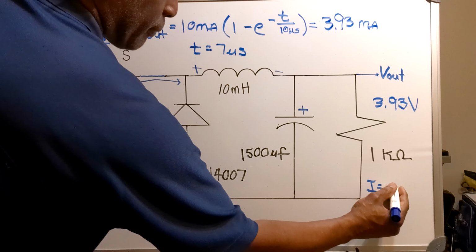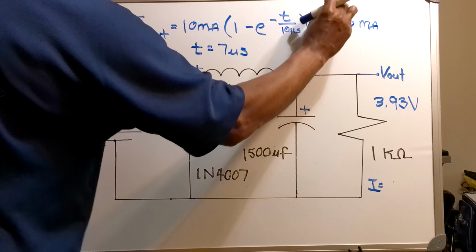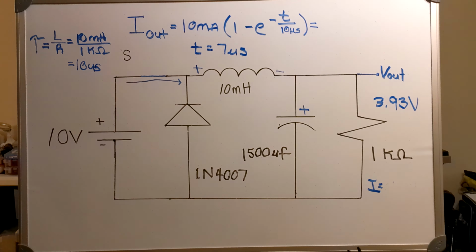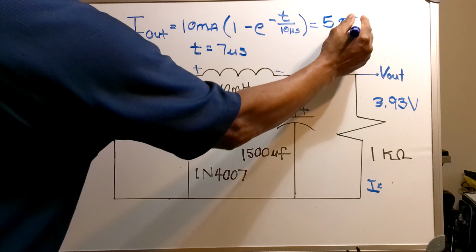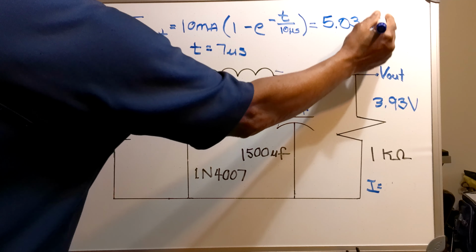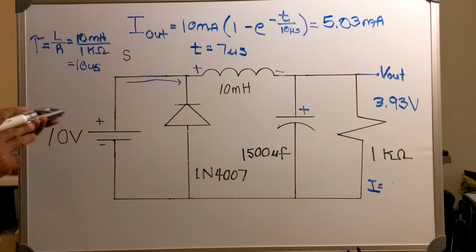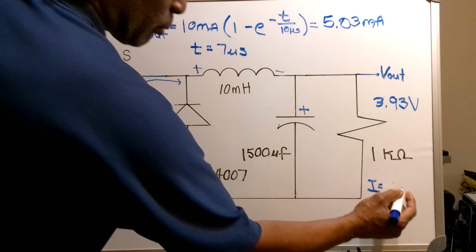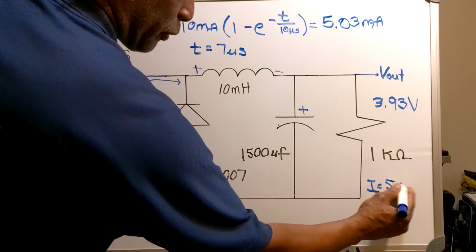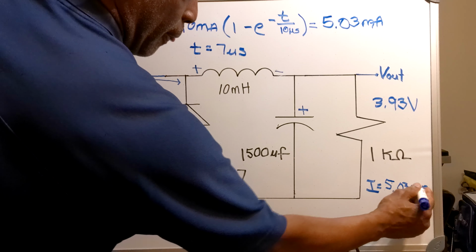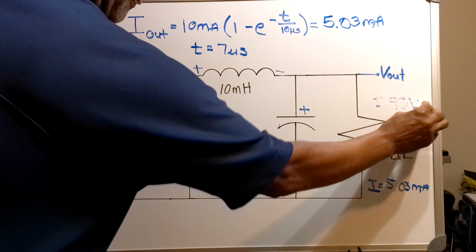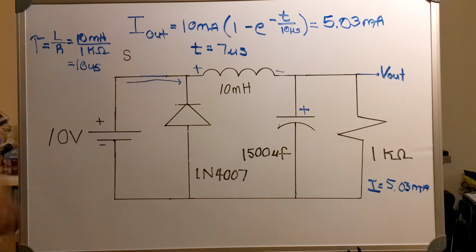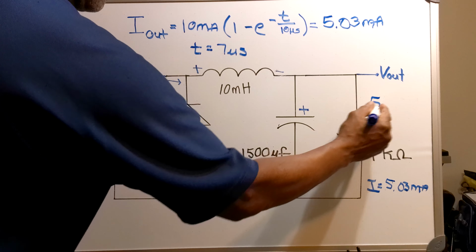Now my current equals 5.03 milliamps times 1 k ohm. Okay, 5.03 milliamps right here. Multiplied by 1 k ohm, that would give me 5.03 volts.